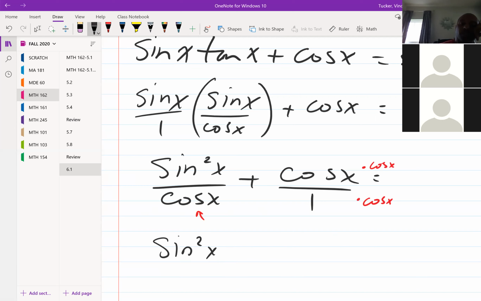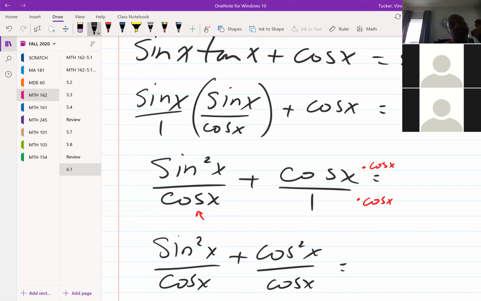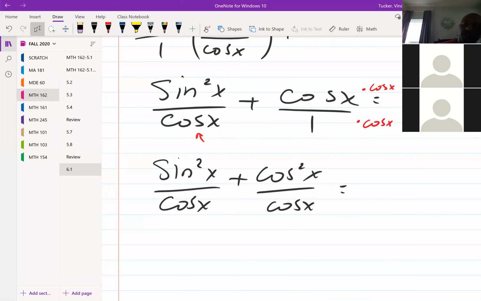So it's sine squared x over cosine x plus cosine squared x over cosine x. Now that I have common denominators, I can add them together.